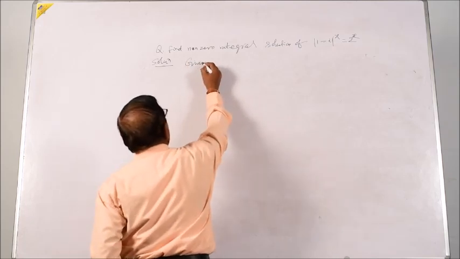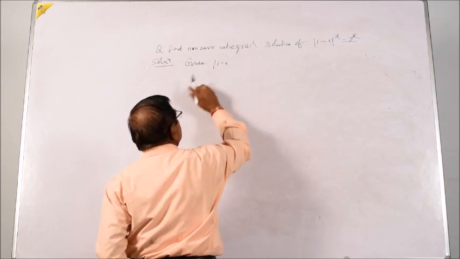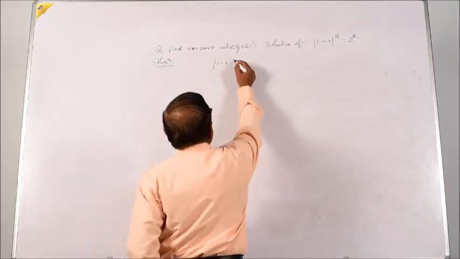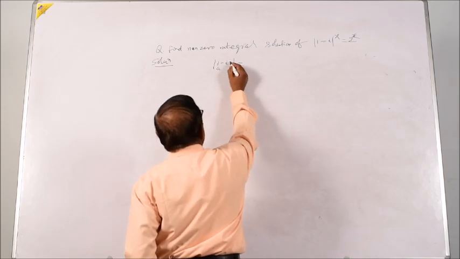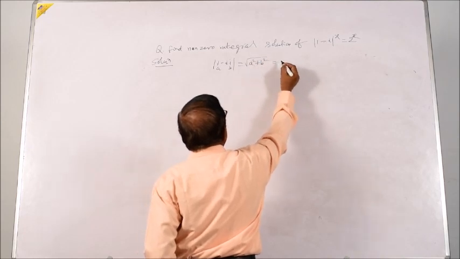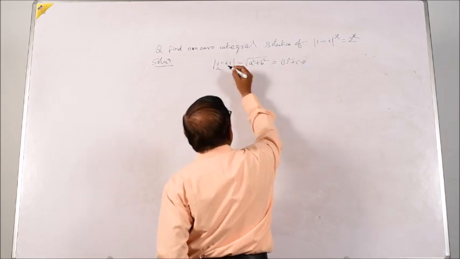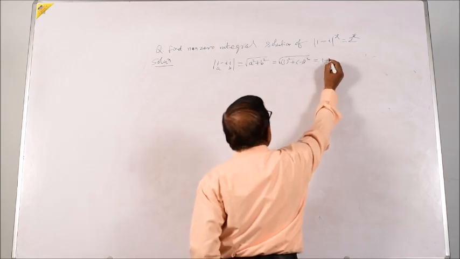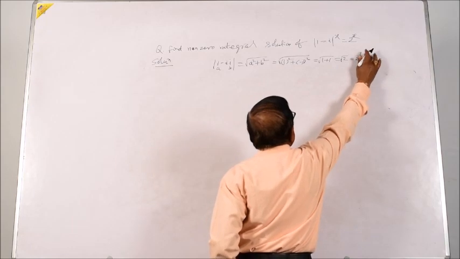Given 1 minus i, let us write mod of 1 minus i. What is that? Here a is 1, b is minus 1. So, square root of a square plus b square, that is square root of 1 square plus minus 1 square, that is root of 1 plus 1, that is root 2, that is 2 to the power half.